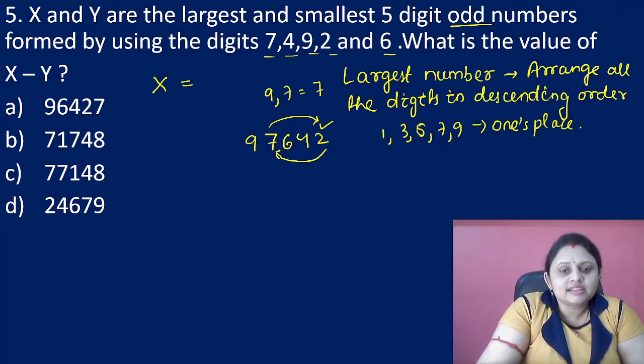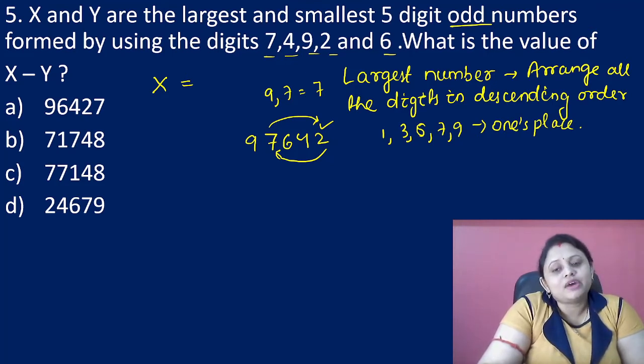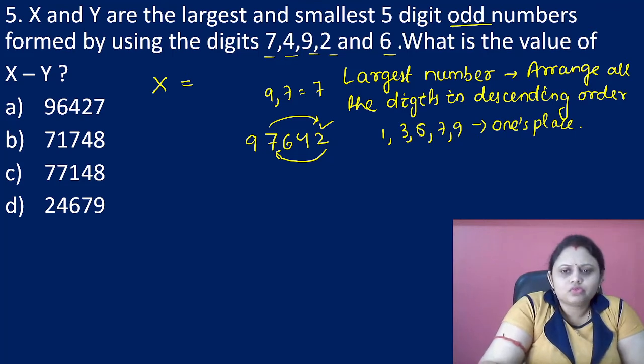What we did? First we arrange all these numbers in descending order, to find the largest number. Then we need an odd number, and for an odd number we need 1, 3, 5, 7, 9 in our ones place. Okay, so what is the least odd number present here?